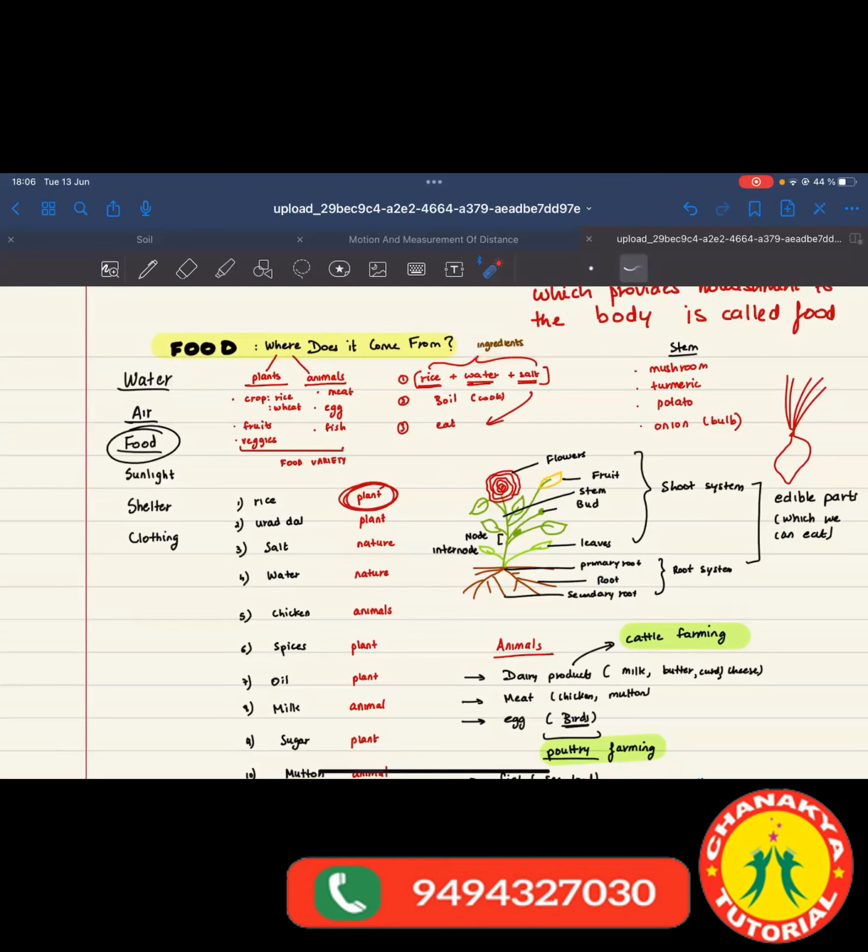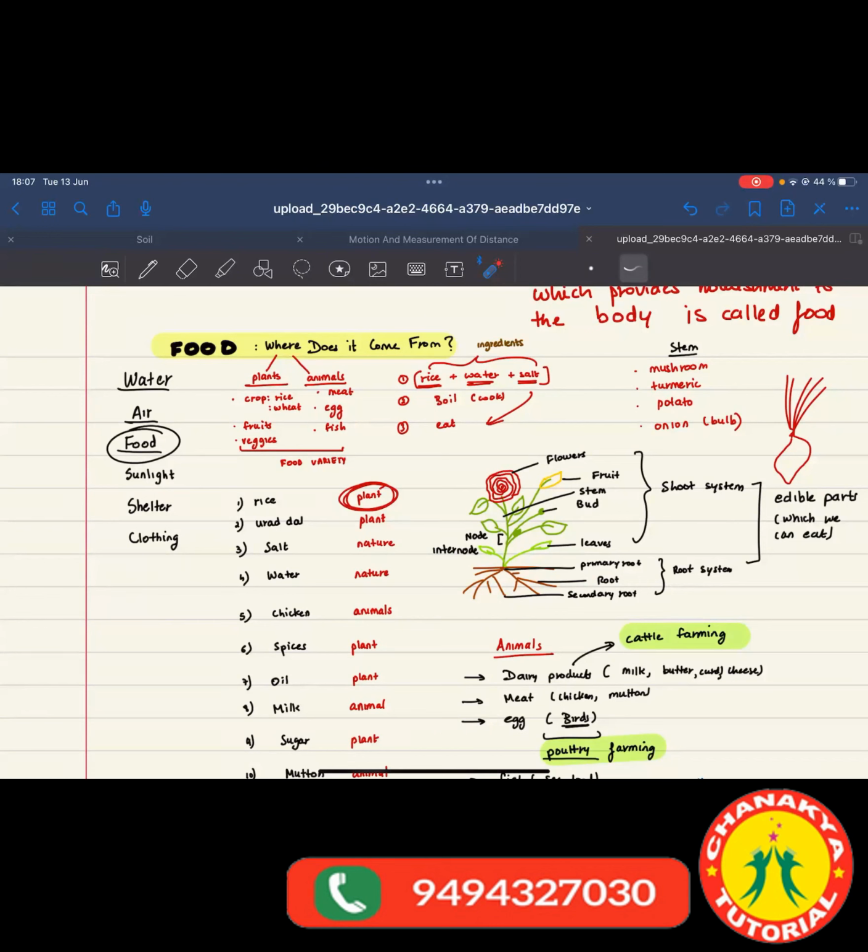Now the food sources: how are we getting the food from? The ingredient that we're using to cook the food can be from plants or from animals. We know that we get rice from plants or animals? Where do we get it from? Plants. Very good. Chicken, you get from animals.